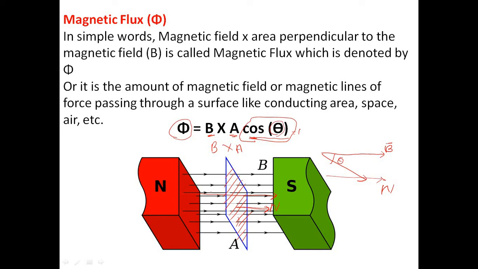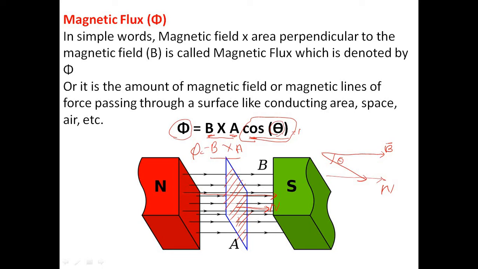If the surface is perpendicular to the magnetic field, then phi is equal to B times A. But if the surface has some orientation, then we must consider theta, the angle between the normal and the magnetic field. So this is the magnetic flux.